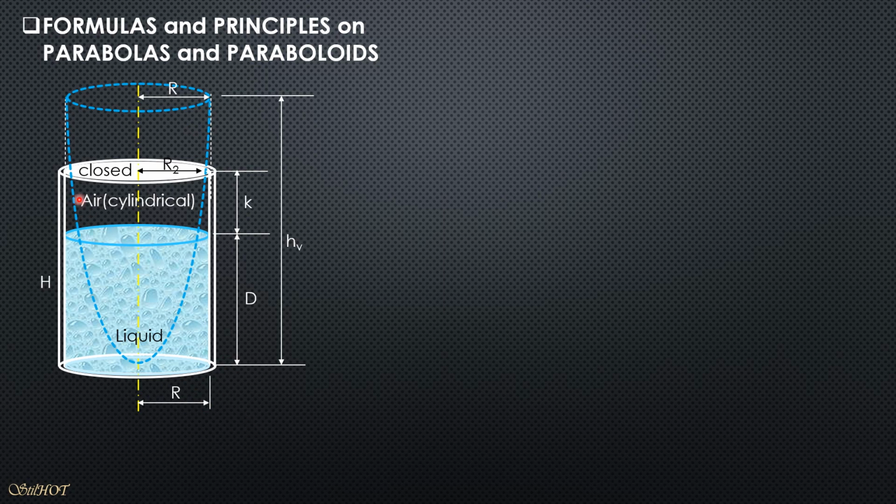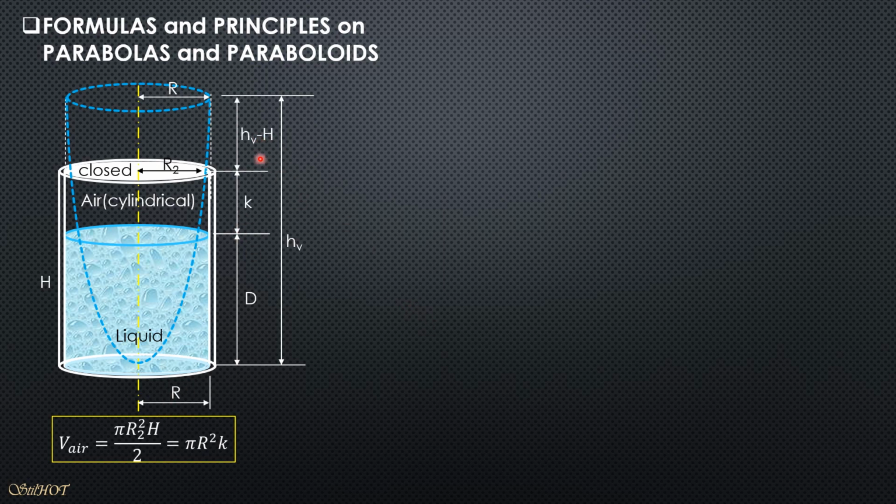So therefore, the volume of air represented by a single paraboloid with radius r sub 2 and height big H is equal to pi over 2 r2 square times big H, and it should be equated to the original volume of air, which is pi r square times K.